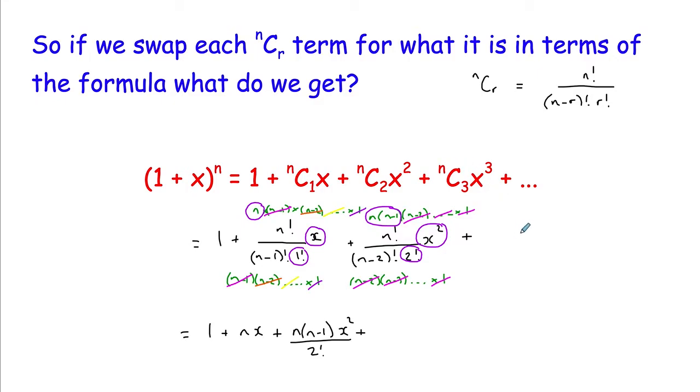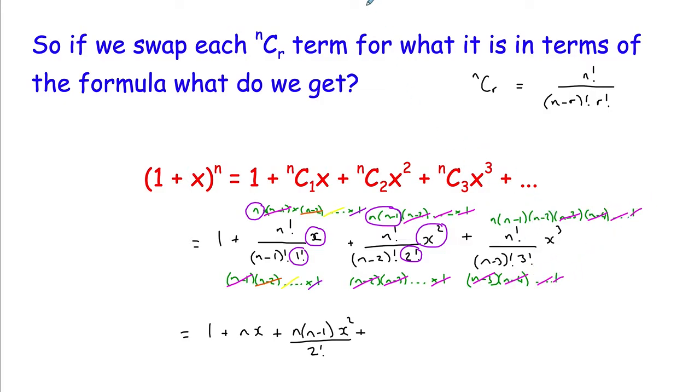Well, let's have a look. We're going to have n factorial on the top, n minus 3 factorial on the bottom, 3 factorial, and our x cubed. What's going to cancel this time? Well, this is again n minus 1, n minus 2, n minus 3, all the way down to 1. This starts at n minus 3, goes n minus 4, stops at 1. And what's going to cancel? Well, we're going to cancel the n minus 3s, the n minus 4s, everything down to the 1.